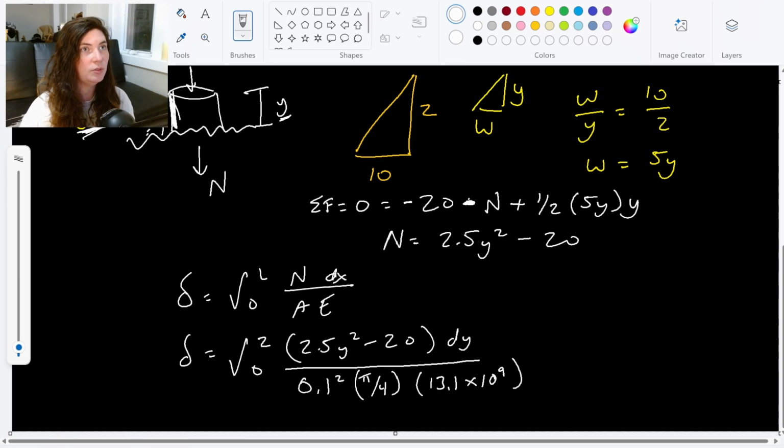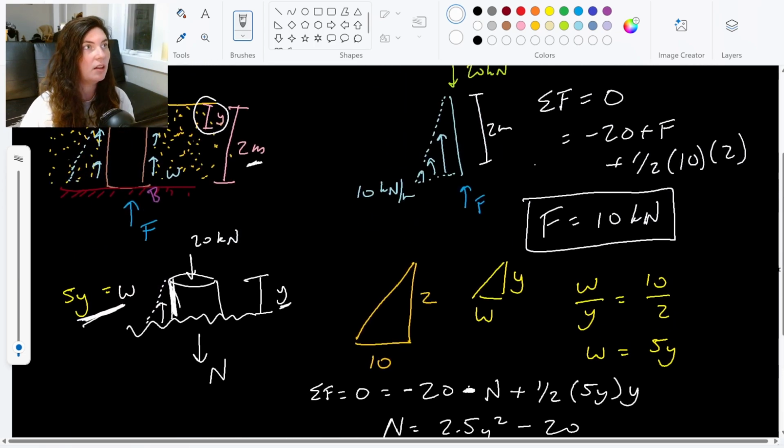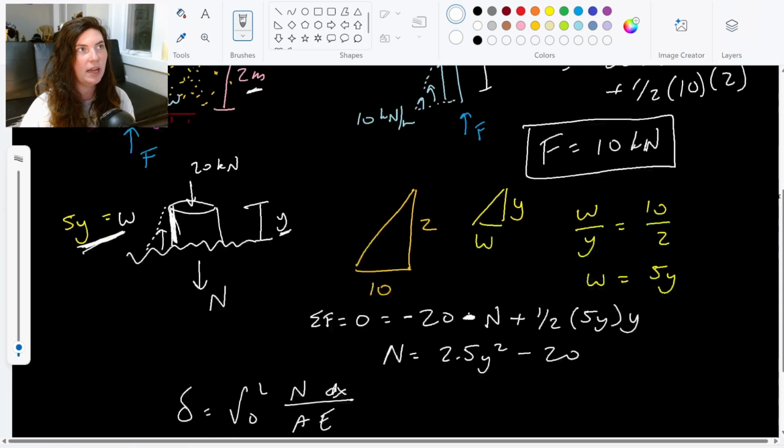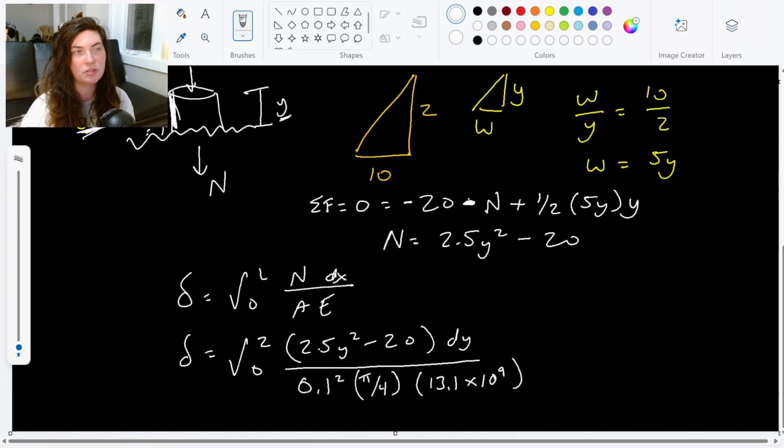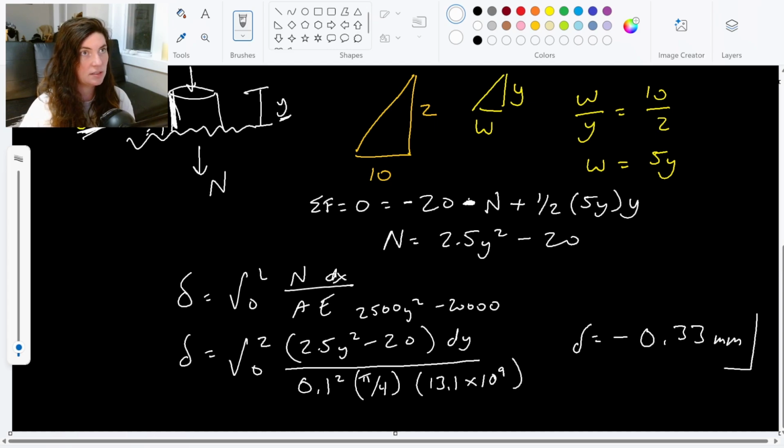My forces were all in kilonewtons, so I changed those over to newtons so that my units would work out. So 2,500 y squared minus 20,000. Now everything should be in its base units. And when you pop that into a calculator, you get negative 0.33 millimeters.